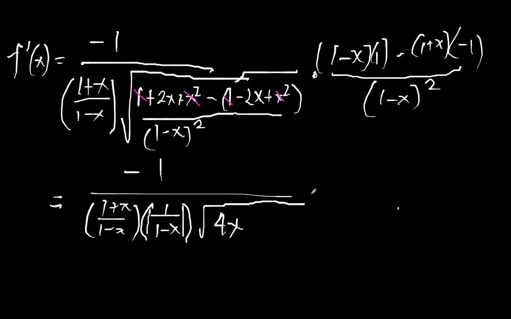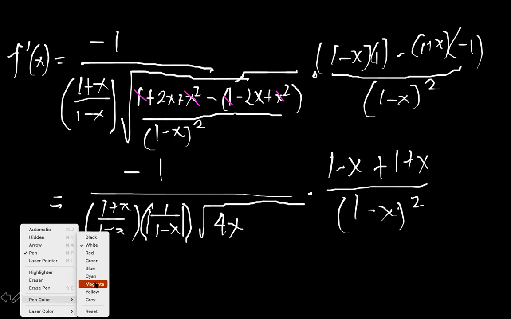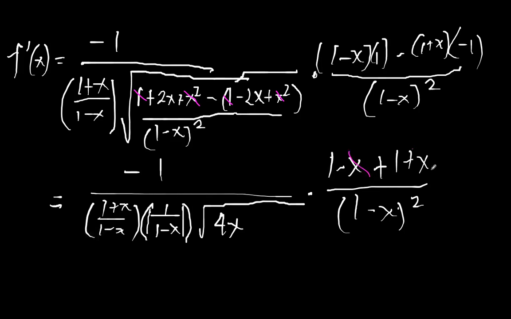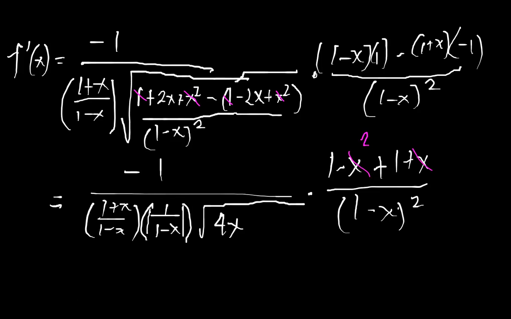There we go, times, let's simplify this. 1 minus x minus, or positive because of this, 1 plus x over 1 minus x squared. So I can cancel out the x's. I can cancel this out, so the remaining is 2. Okay, let's rewrite. It's long.